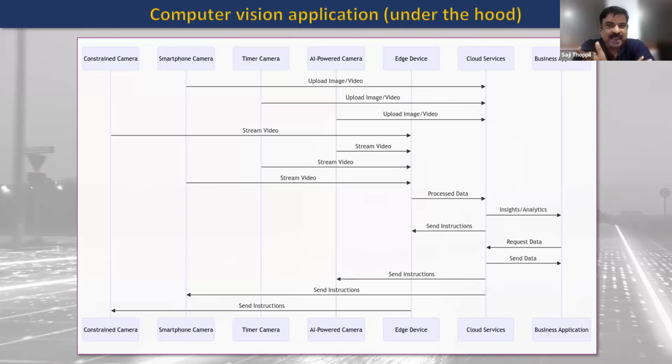You have infrared cameras. You have lidars. Then you have high-speed cameras, which capture at an extremely high frame rate. Then you have 360-degree scanning cameras. So you have a variety of cameras available out there by which you can capture information.